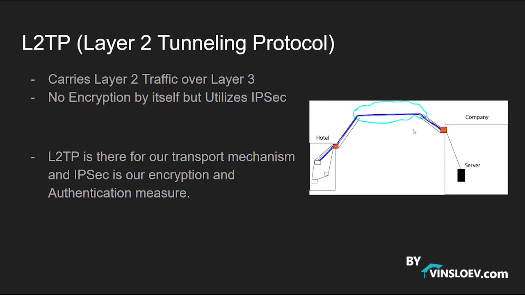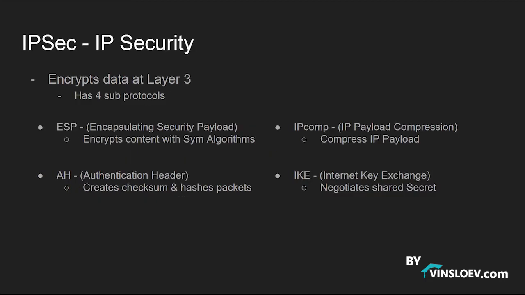It is basically just what is used for us to transport some information from one point to another, and then we need to use IPSec as our encryption measure and authentication measure. So we are using L2TP with IPSec on top of it. So let's see what this IPSec is. IPSec stands for IP Security, and it encrypts data at layer 3, meaning the IP layer.